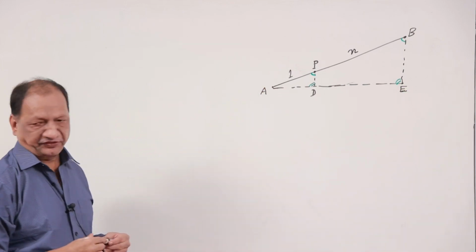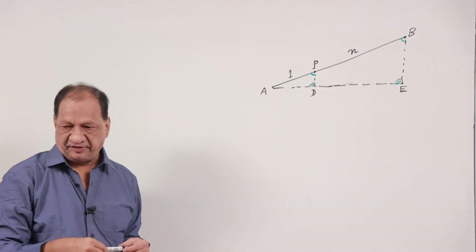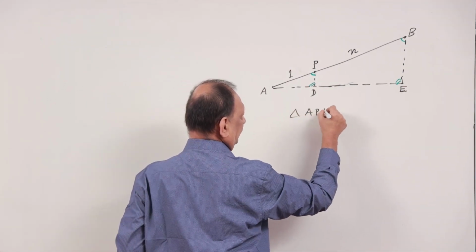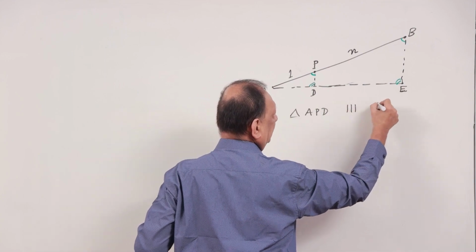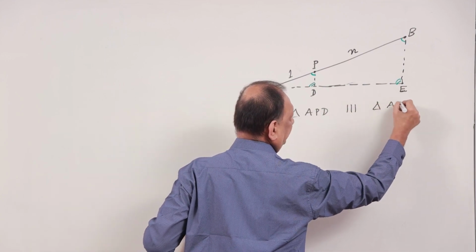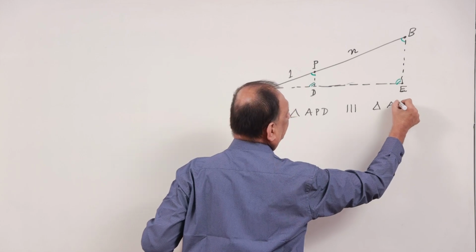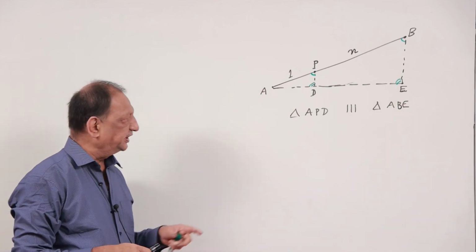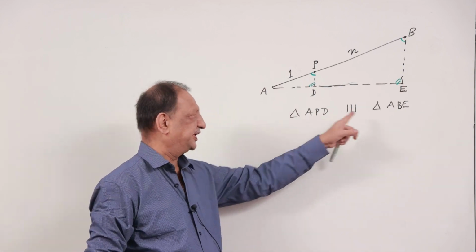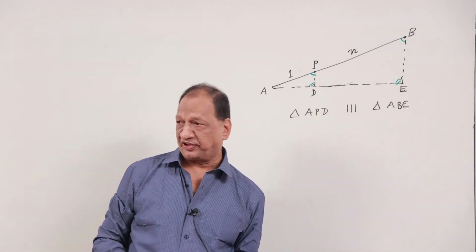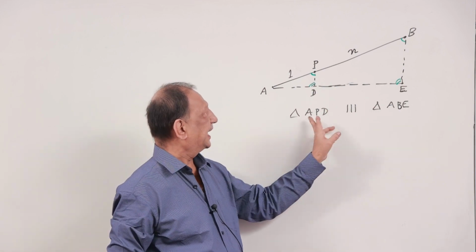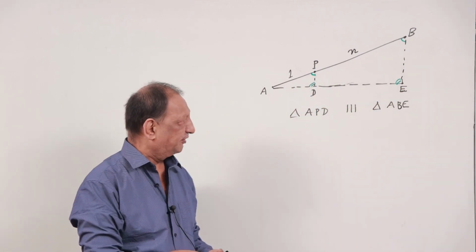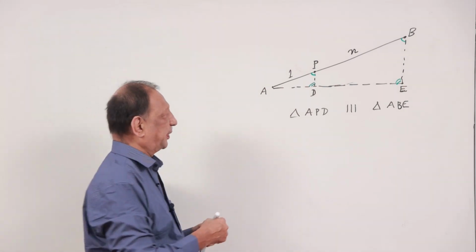So the two triangles APD and ABE are similar. Triangle APD similar to triangle ABE. I have to write the vertices in the correct order so that the matching angles are in the same position, right? Angle A, angle P is the same as B, angle D is same as E, which is correct. And once you do this, Thales theorem can be applied.